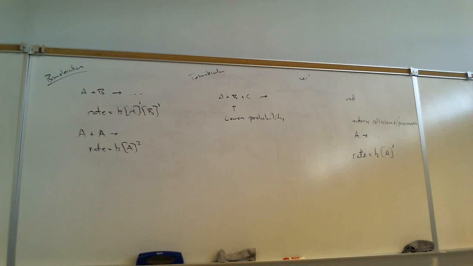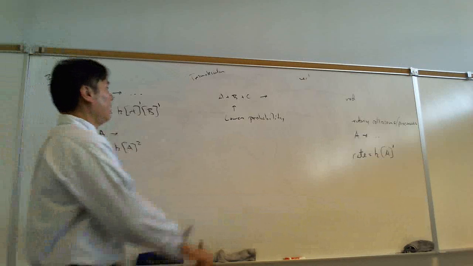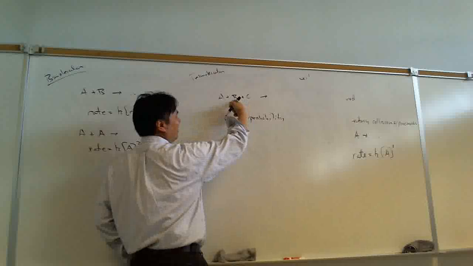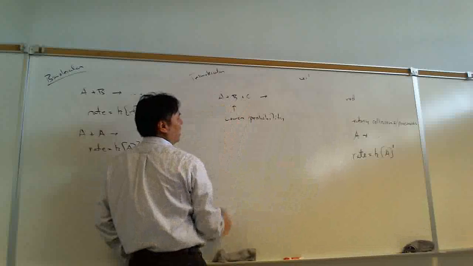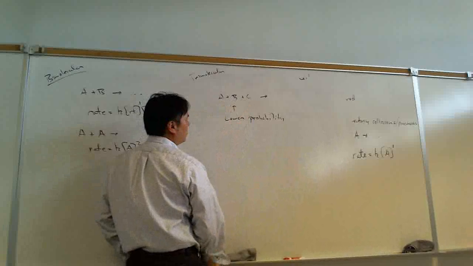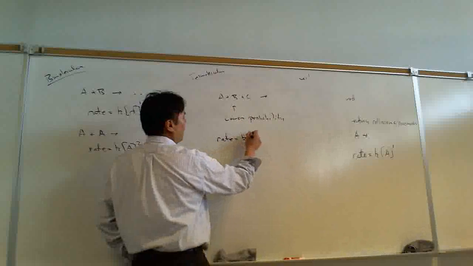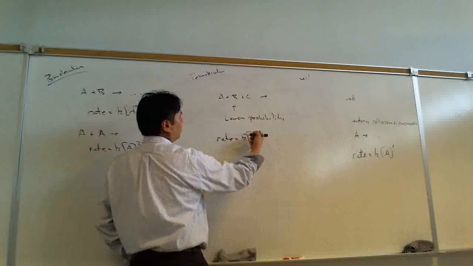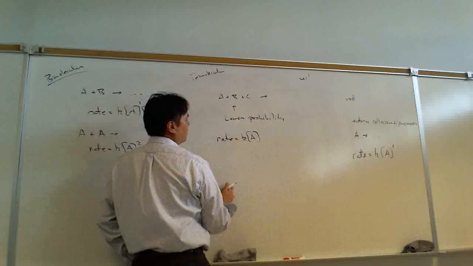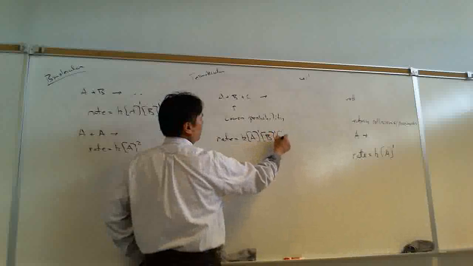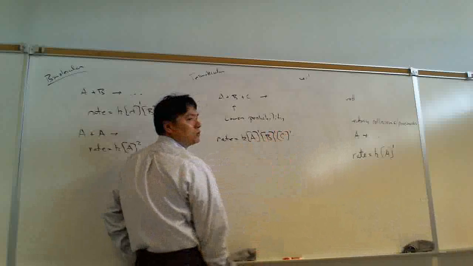Which, how probable is that? This is what I was talking about, the sandwich. B sits there, and A and C sandwich B, or in some way they got to collide, and so it's going to be a lower probability. But nonetheless, the rate would equal k. What order would it be with respect to A? Have to be first order, B first order, and C first order.